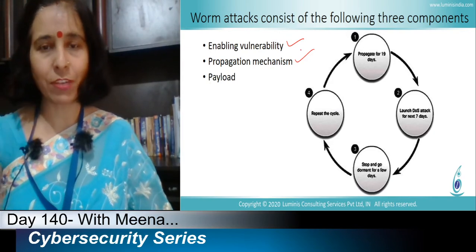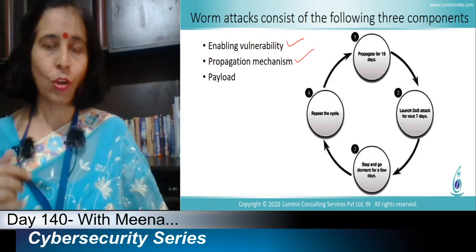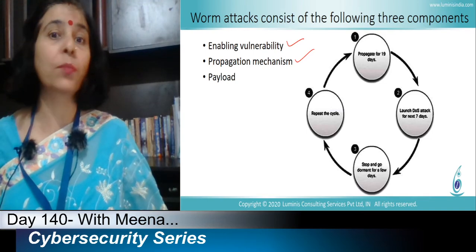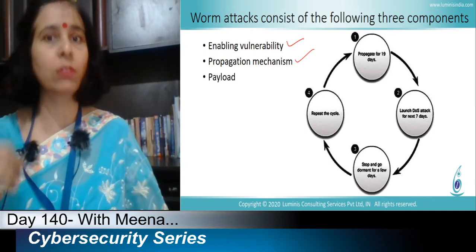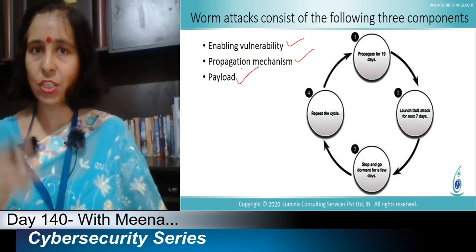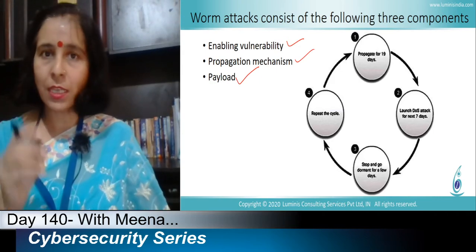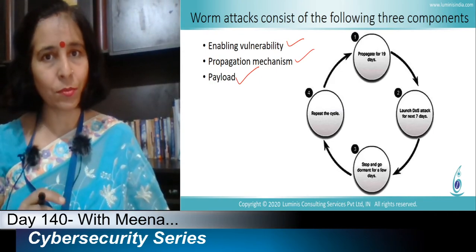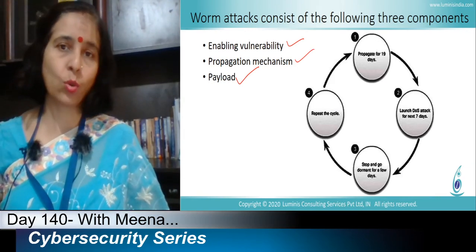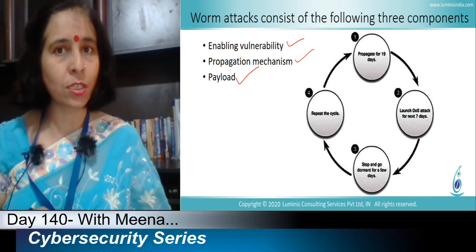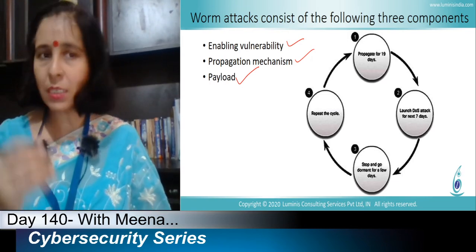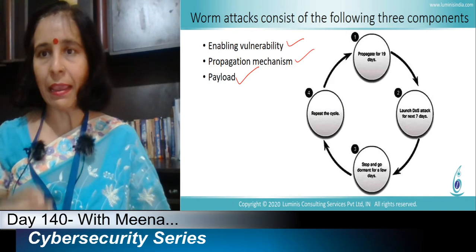After infecting one machine and overusing its resources, it can propagate to another machine and start to infect that machine too. It also has a payload, meaning a kind of program which can be executed on the system, and it can give the hacker a way to enter your system and take advantage of the vulnerabilities which exist on it. So these are the components of a worm.